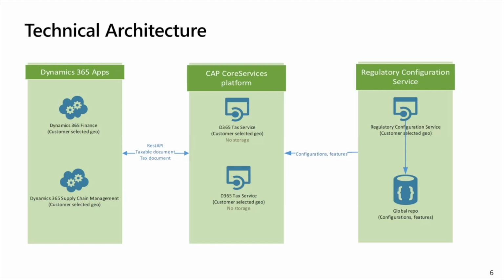When the tax calculation is requested, it will send the taxable documents to our tax service. The tax service will perform the calculation based on the feature identifier. It will, of course, communicate with our global repo to get the detailed setup and to determine the tax rate and the tax code, for example. Once it's been calculated, it will return the result to the D365 apps.